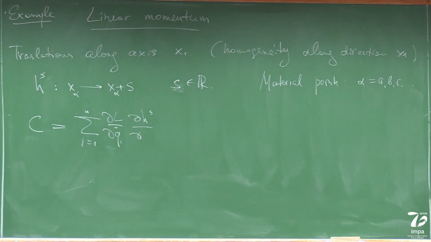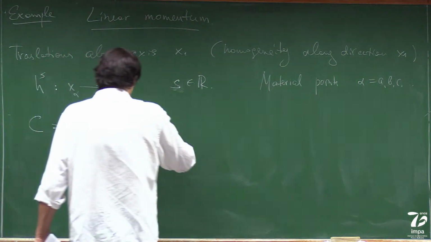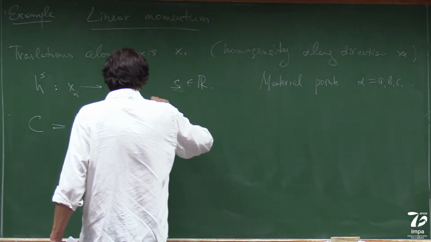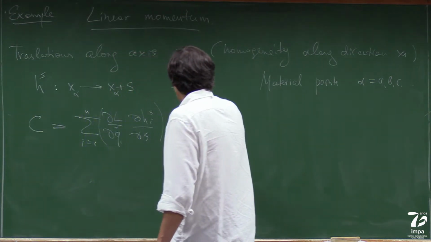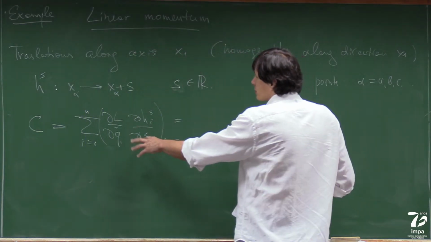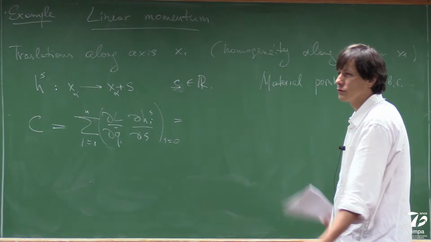Qi is changed by the component Hi. So this is for arbitrary generalized coordinates, but let's compute it for normal coordinates of all material points.